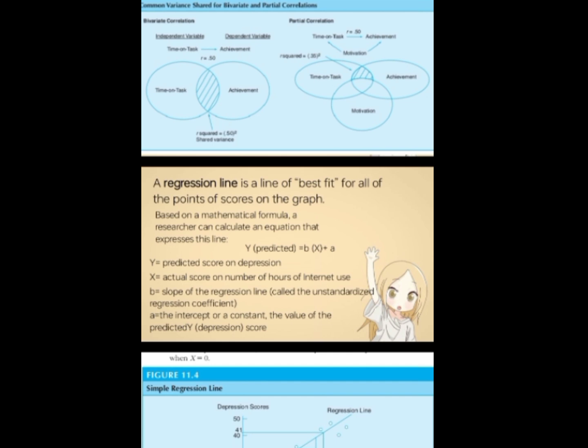After gathering the scores, our investigator calculates the correlation coefficient with the result of r equals 0.50. Figure 11.3 indicates this association as well as the r squared, or the proportion of common shared variance between the two variables.